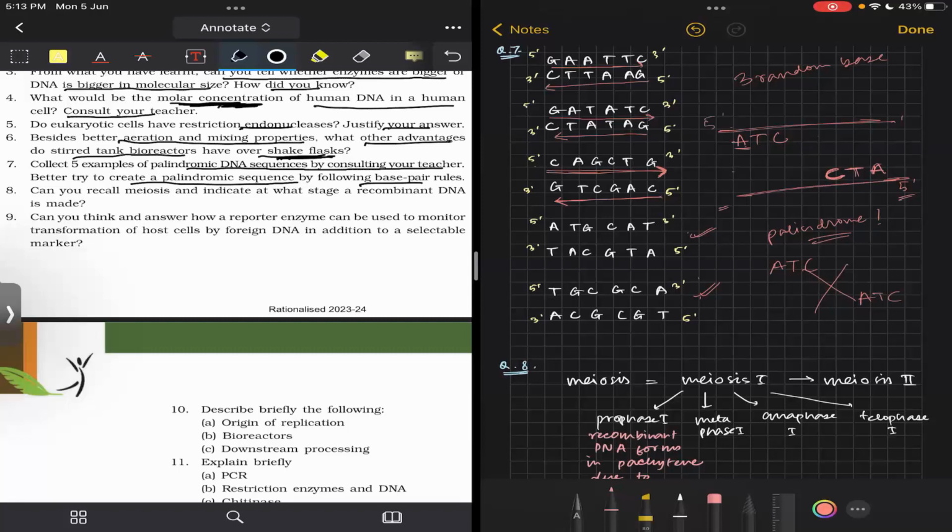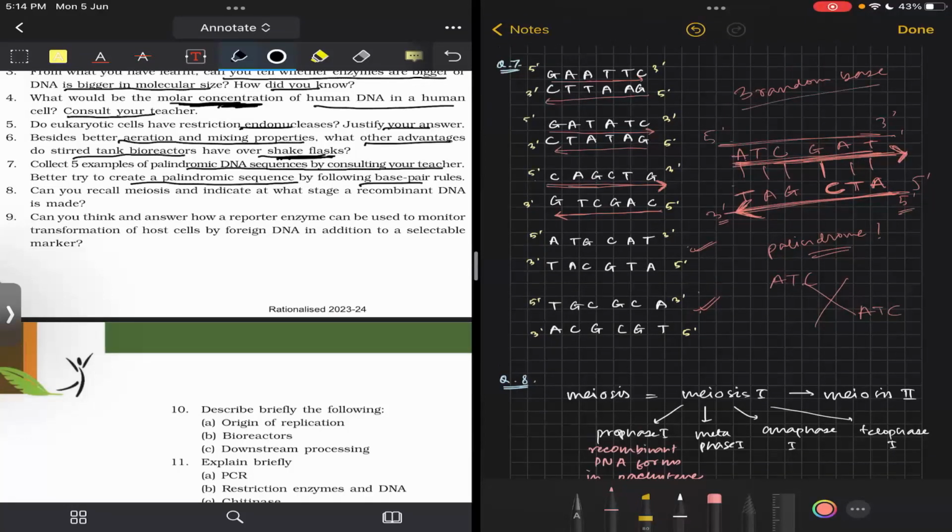This is going from 5 prime to 3 prime, and this is going from 5 prime to 3 prime, and you can now use the rule of complementarity to fill the rest of the bases, A and T and G, A and T. And now we have the palindromic sequence, that is ATCGAT, ATCGAT, and that is the same from both sides. So this is a simple method to create a palindrome.